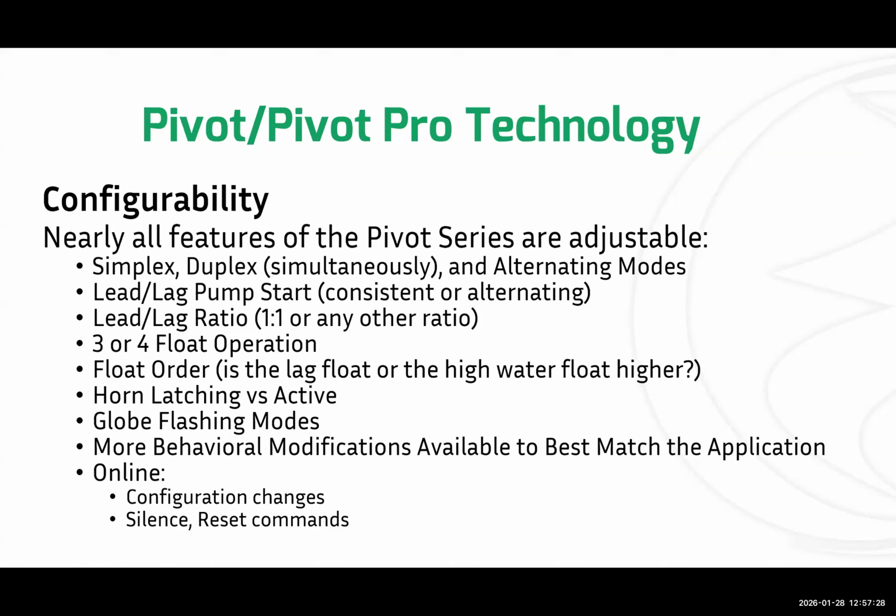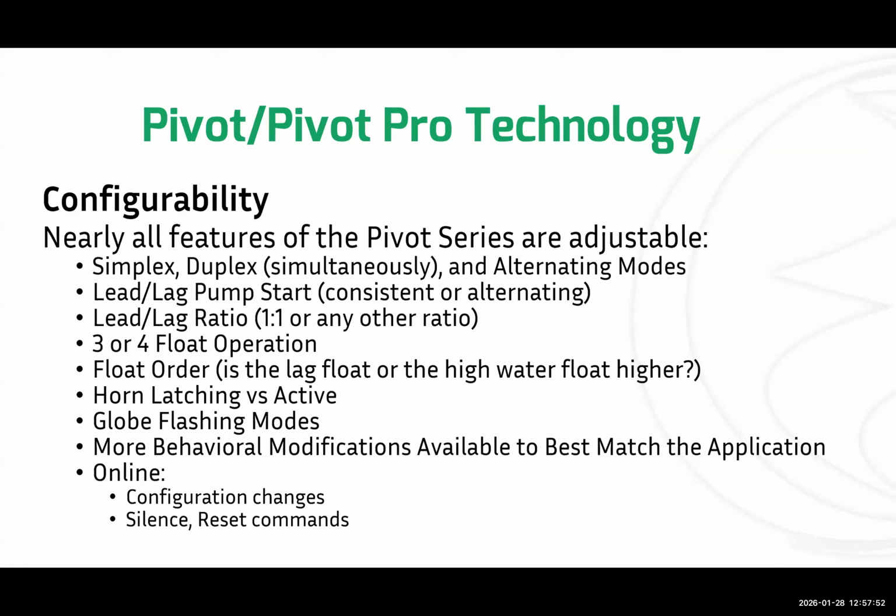But in most sewage applications, or an effluent application, or even a standard sump application, it's unlikely that you really need 4 floats. If you have 4 floats, what we're talking about is a stop, a lead, a lag, and an alarm.